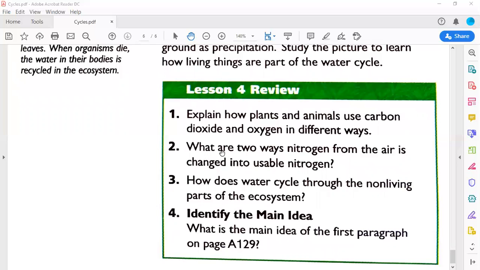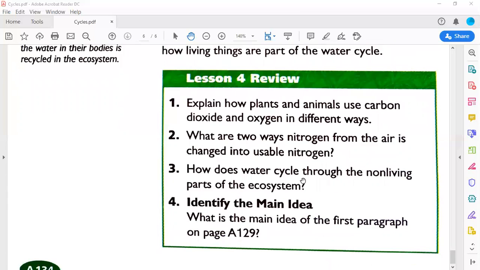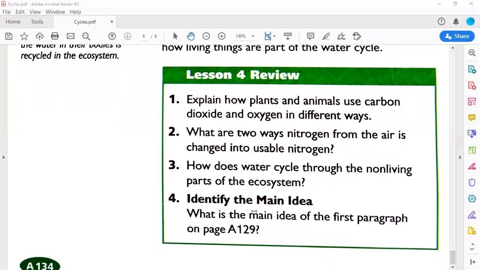Group number 2 is going to answer this one: how nitrogen from the air is changed into usable nitrogen. Group number 3, how does water cycle through the non-living parts of the ecosystem? Group number 4, identify the main idea. What's the main idea of the first paragraph on page A109?